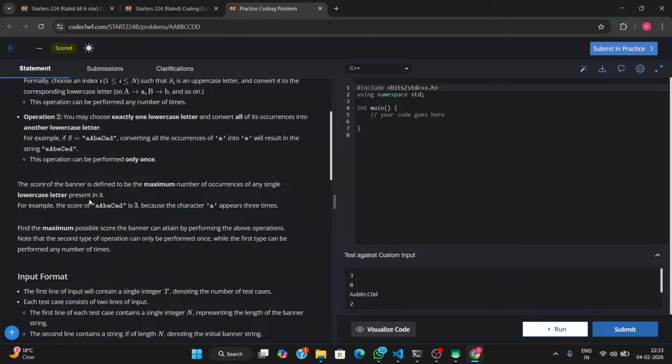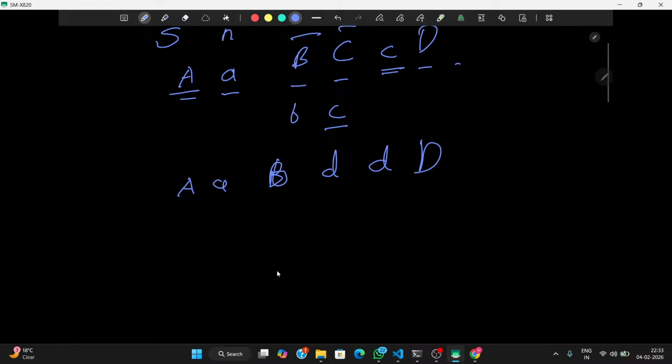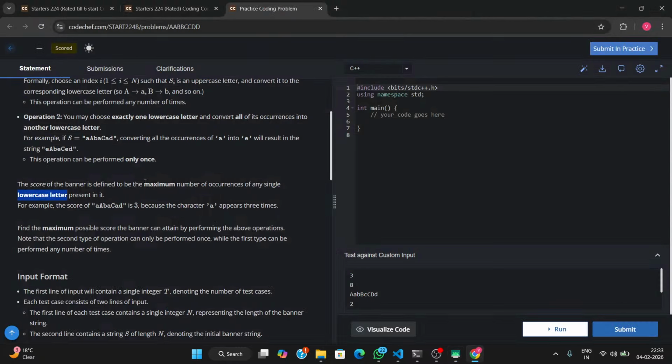So first of all, one thing we need to notice here is that we need to maximize the number of occurrences of a single lowercase letter. So if any letter is uppercase, we don't need it. We will simply convert all of the uppercase letters to lowercase letters because uppercase letters are simply not required in our answer. In the second operation also, you need to convert any lowercase letter to any other lowercase letter.